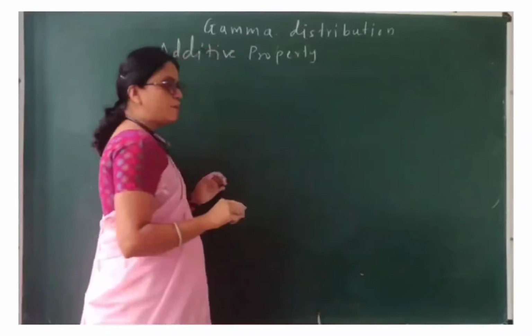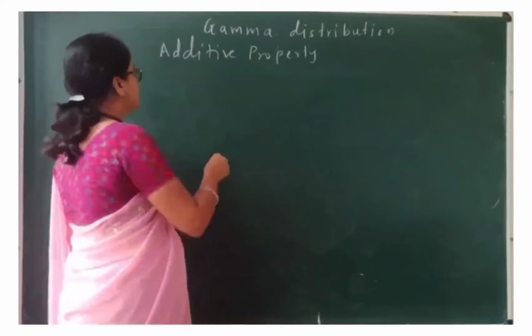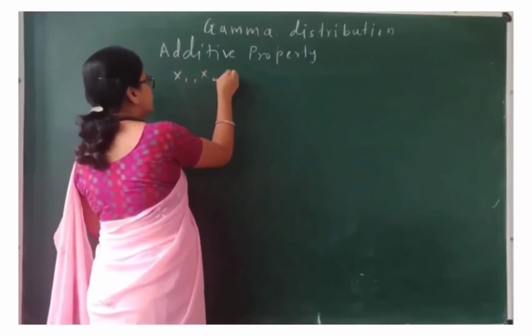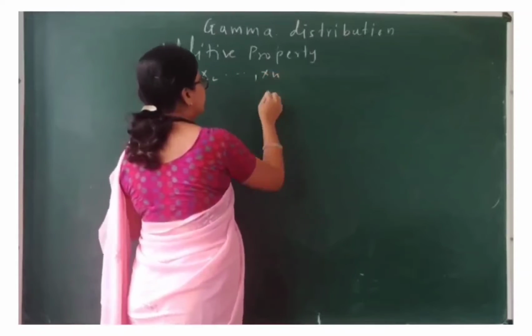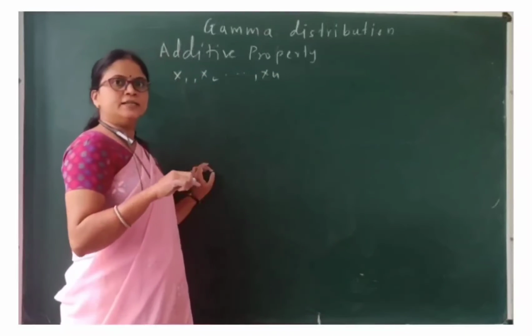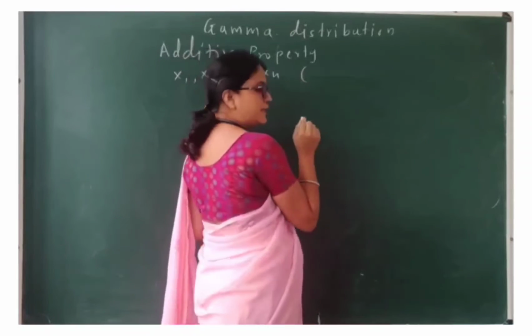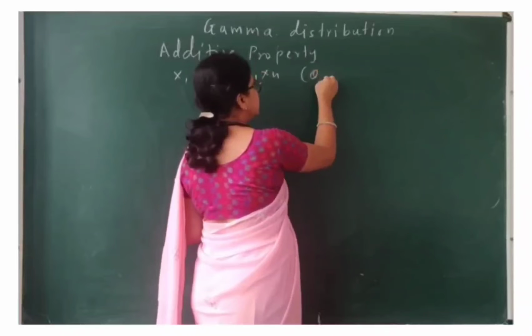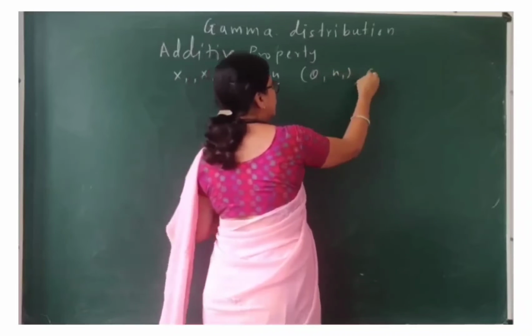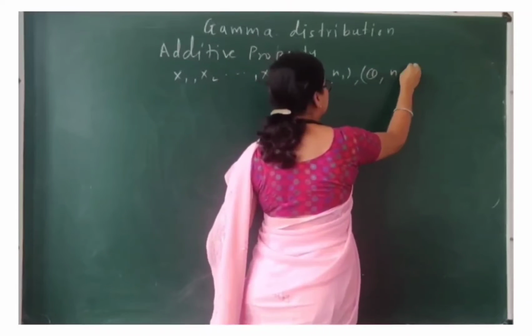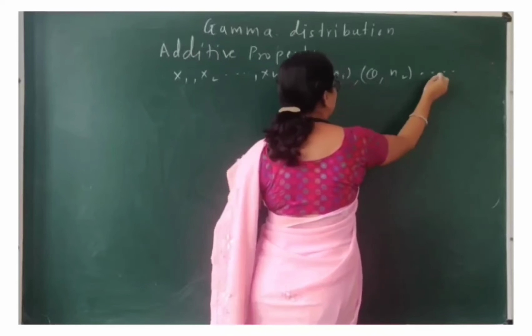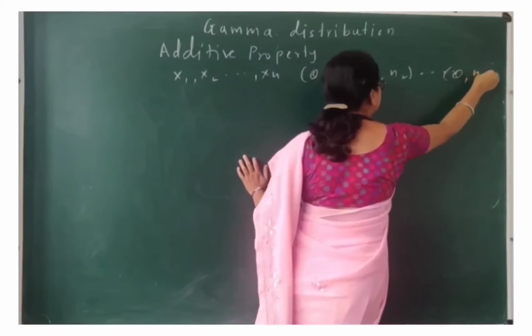It says: let x1, x2, so on up to xn be n independently distributed gamma variates with parameters (theta, n1), (theta, n2), so on up to (theta, nn).